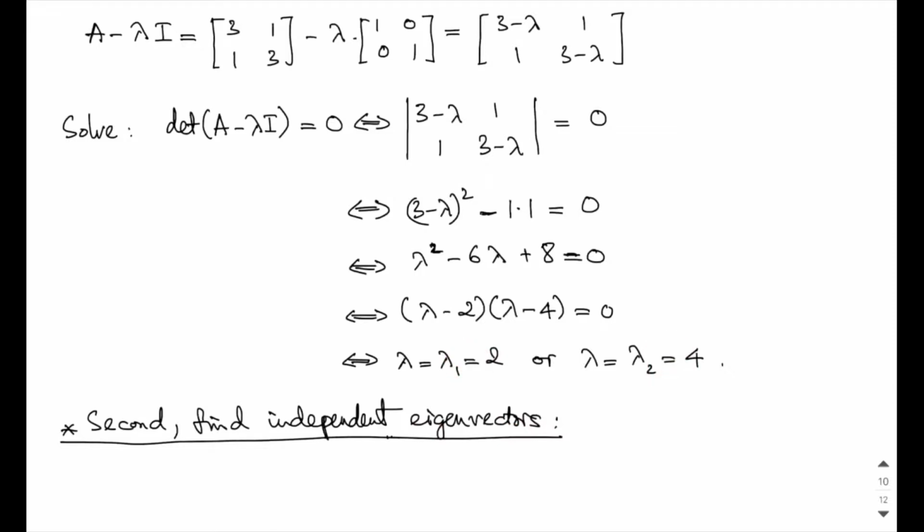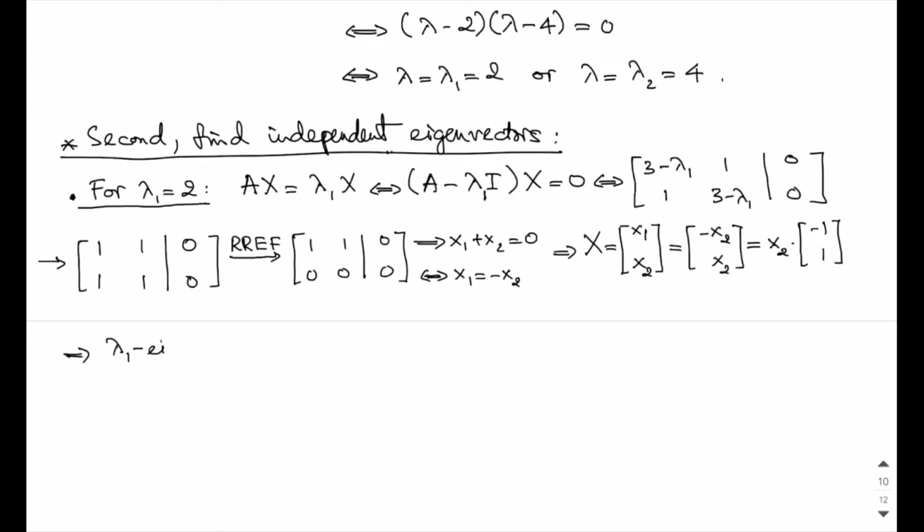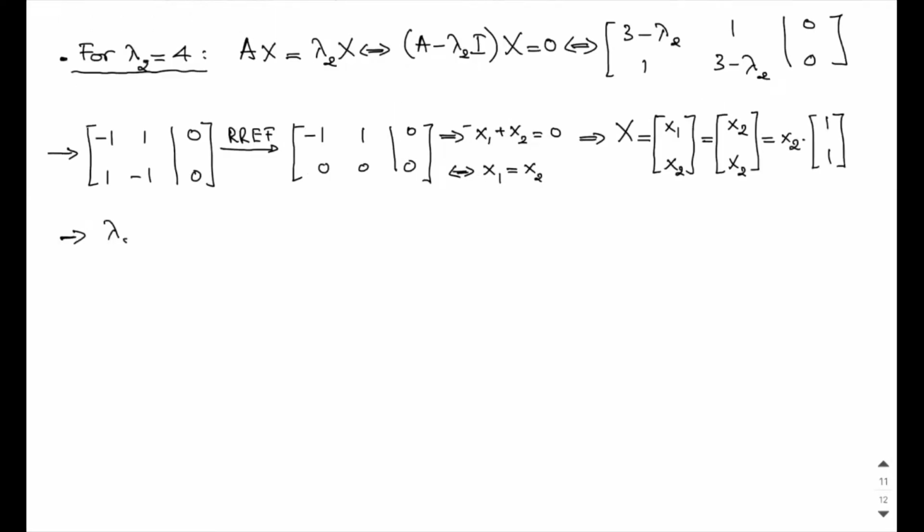First, for lambda 1, the eigenspace is just the span of the vector negative 1, 1. We can name this one x1. For lambda 2, the eigenspace is just the span of 1, 1. We can name this one capital X2.